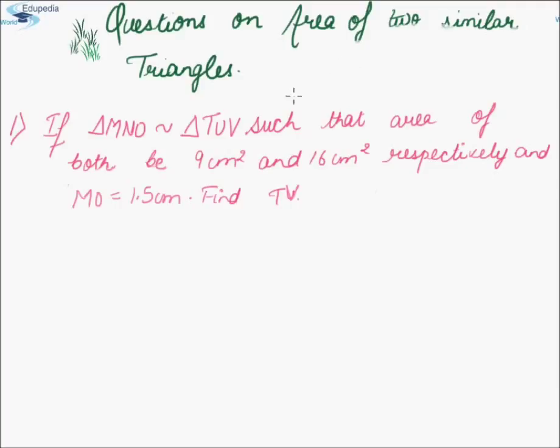Friends, in the previous videos we have learnt that if two triangles ABC and PQR are similar, then the ratio of their areas is equal to the square of the ratios of their corresponding sides, that is (AB over PQ), (BC over QR) whole square, and so on.